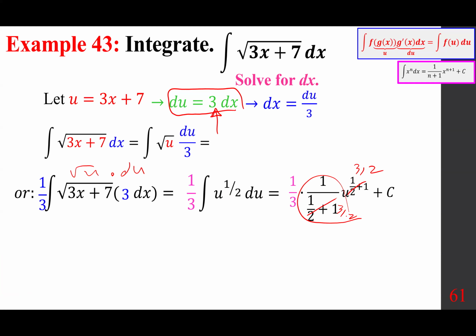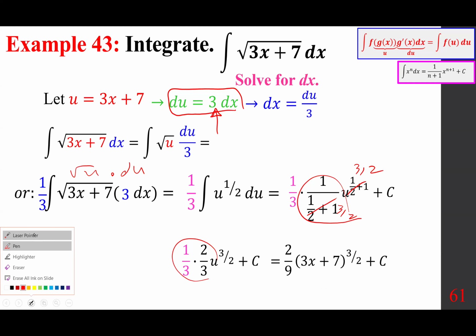So 1 over 3/2 is 2/3. This is 2 over 9. And you replace the u with 3x plus 7. And we are done. You can put it under the radical if you want. You don't have to. It's not that big of a deal in this case.